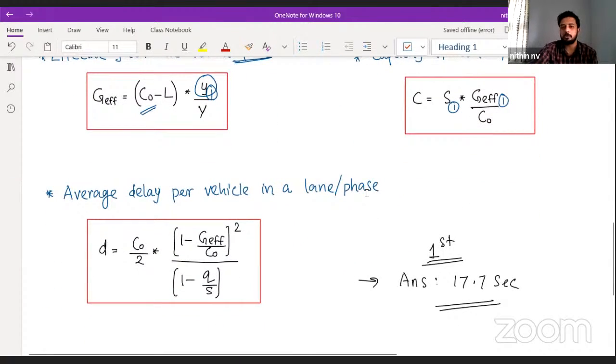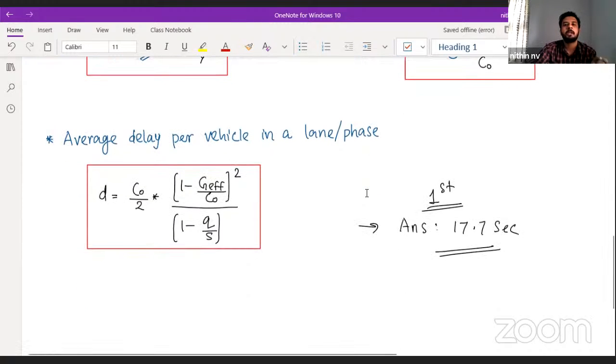We discussed one question in which we solved all those equations and concepts. Then I told you for the first phase, we were getting a delay of 17.7 seconds. So those who have not attended that, please check that particular question and substitute these values and check whether you are getting the average delay as 17.7 or not.